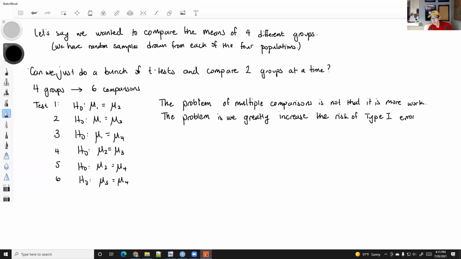So what is type 1 error? Type 1 error is a false positive, right? And that's rejecting the null hypothesis when it is true. Okay, and so if we did one test, what is the risk of type 1 error?